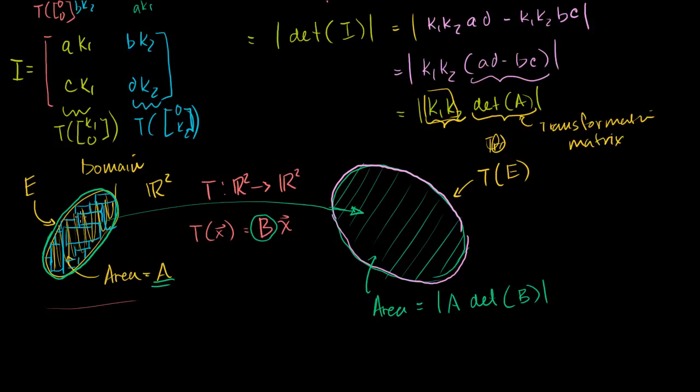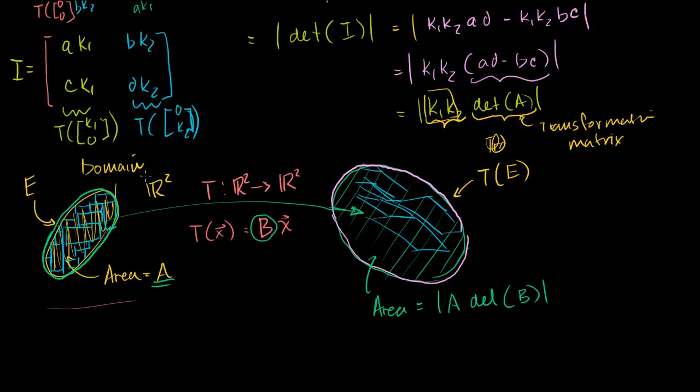And if you were to map each of those rectangles using T, I don't know what they'll look like, but they'll look like a bunch of parallelograms. I'm not drawing it that neatly, but they will essentially fill this space right there.